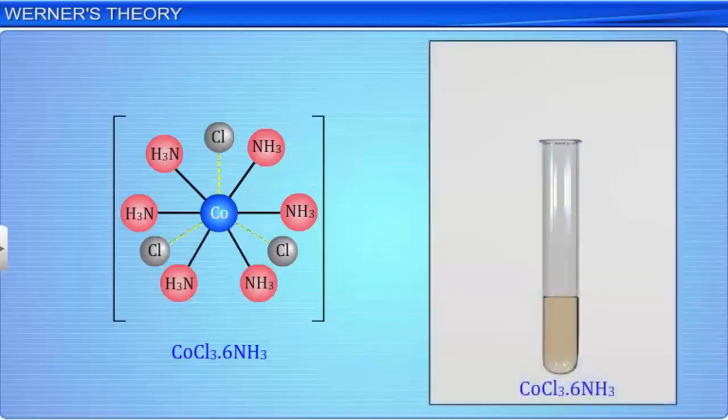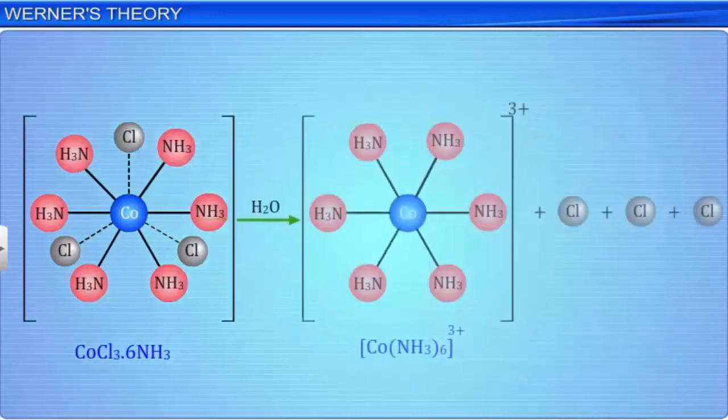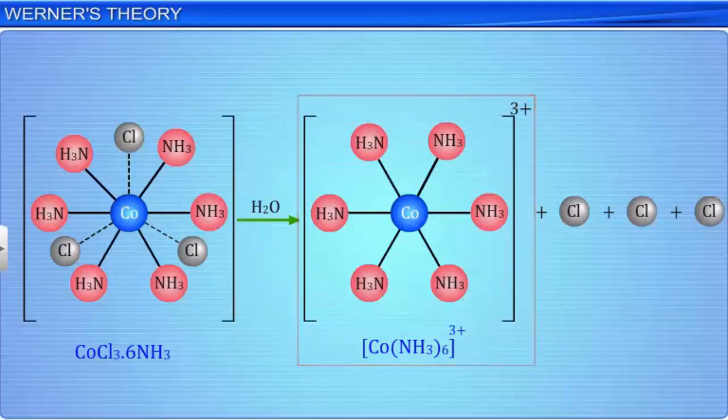The 3 chloride ions are ionic and hence are precipitated as silver chloride by silver nitrate. Thus, the complex will ionize in solution and give 4 ions. That is, 1 [Co(NH3)6]3+ ion and 3 chloride ions.